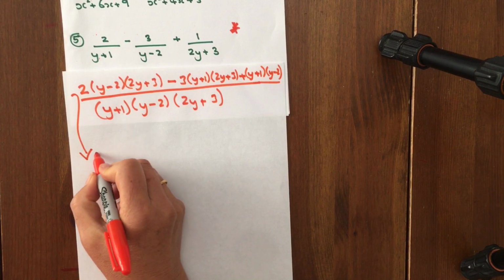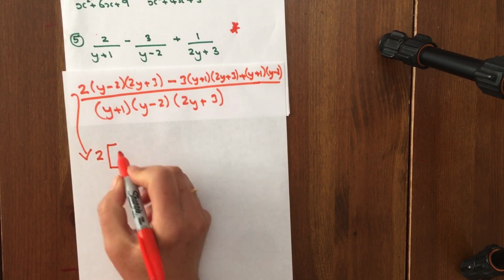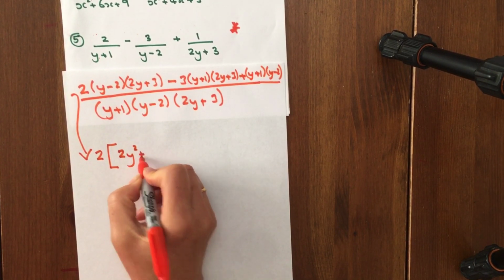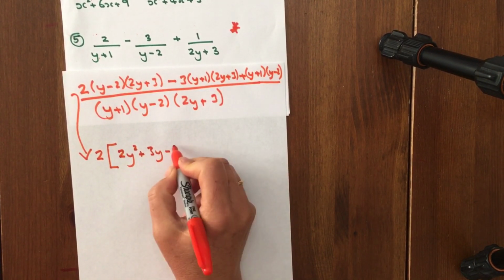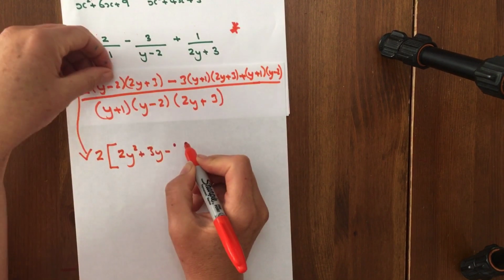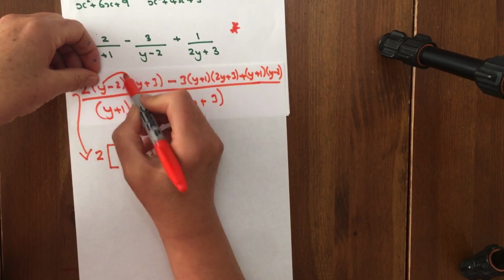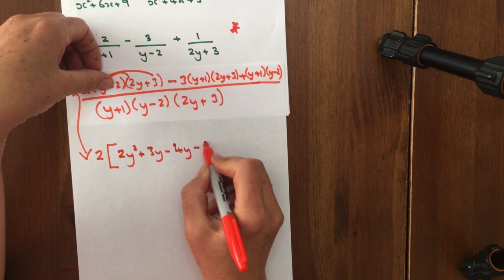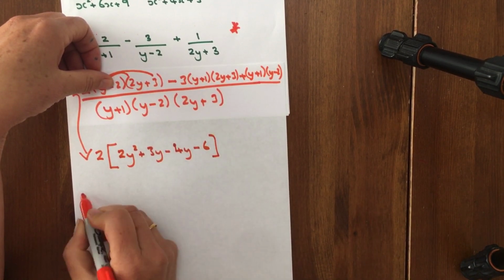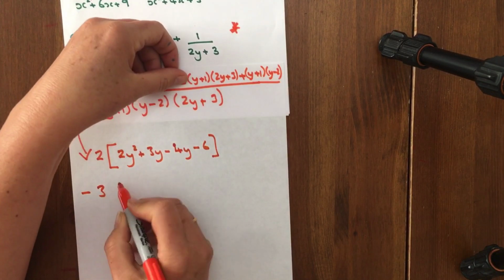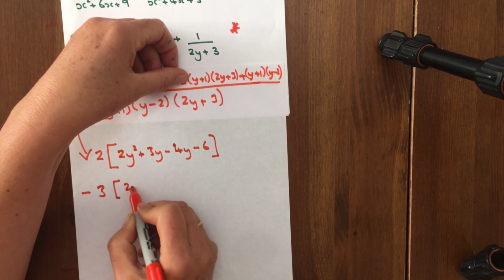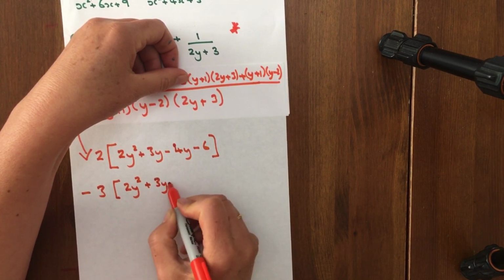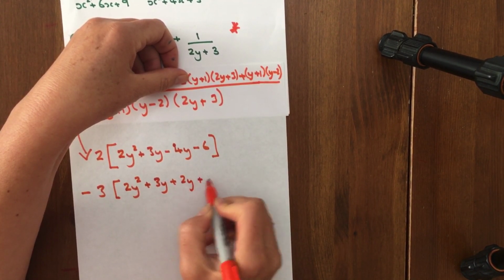So I've got 2 lots of, okay, I've got on the top, if I multiply out 2y squared plus 3y minus, make sure I don't make a mistake here, so I've done that, minus 4y minus 6, minus 3 lots of 2y squared plus 3y plus 2y plus 3.